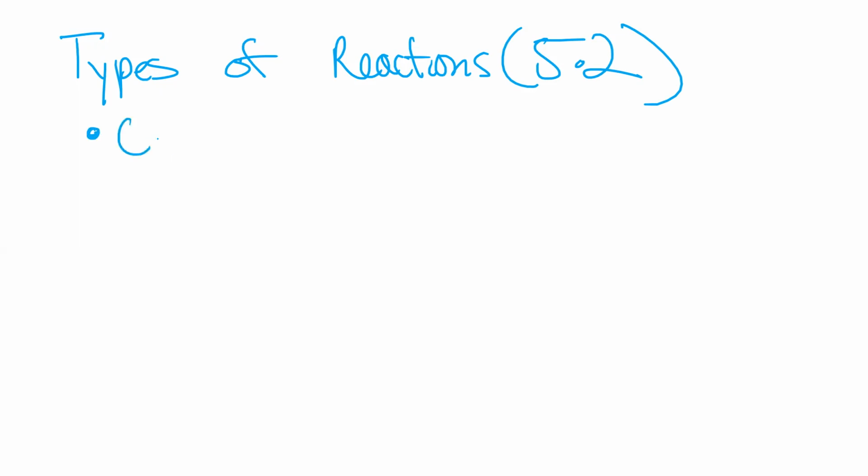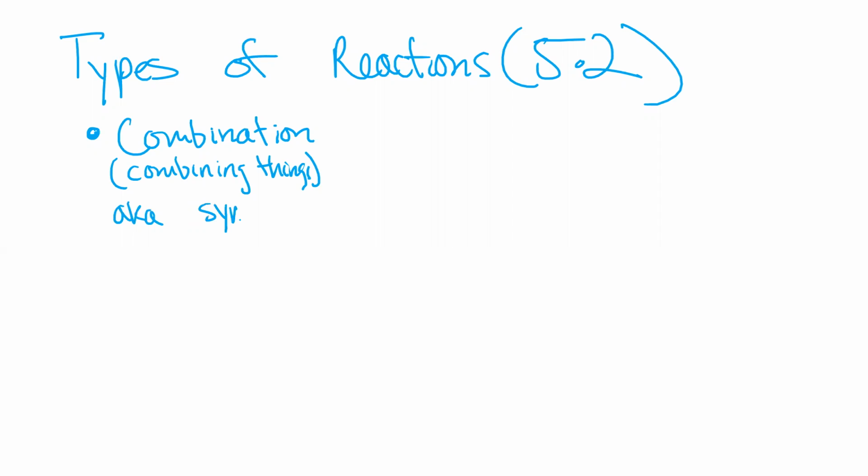Classes of reactions. So you've got the combination, it's called combination, which another way of thinking about it is you are combining things. This is also called a synthesis reaction because synthesis occurs when you combine things.